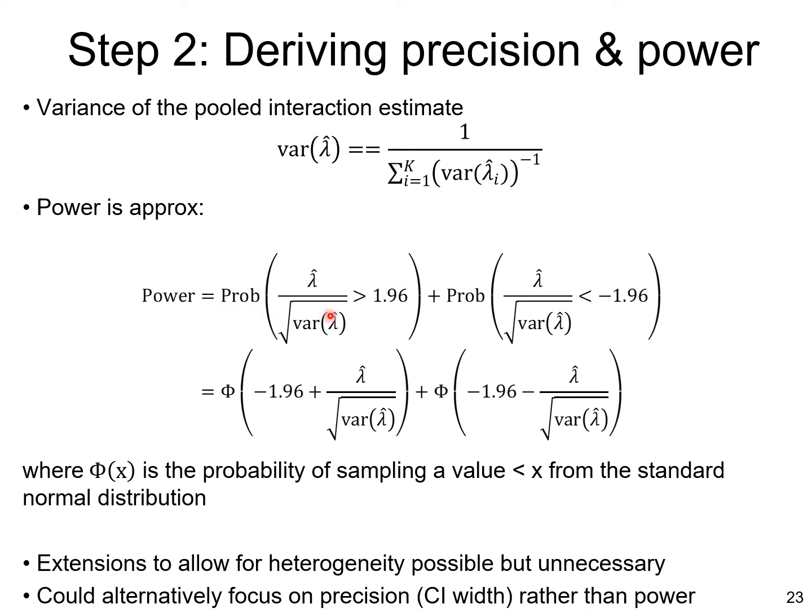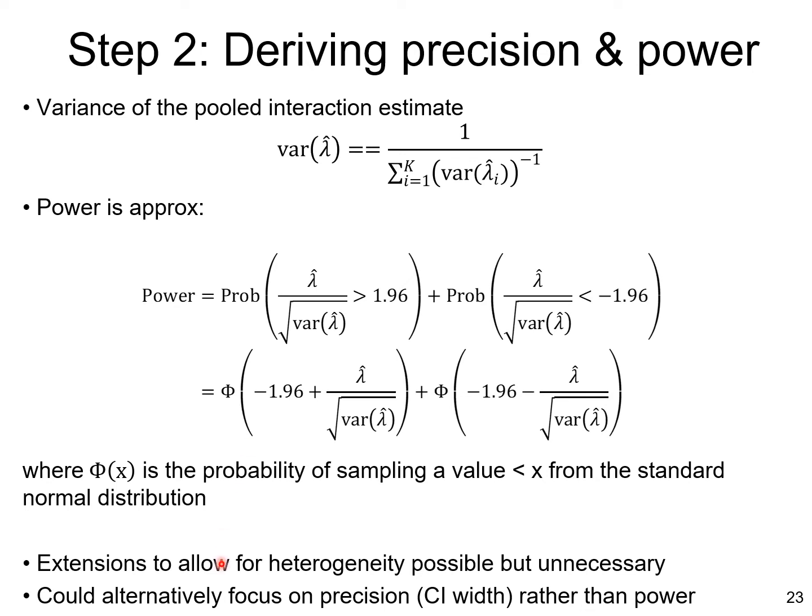So plugging in these values to get the variance of the interaction estimate from the meta-analysis results, we then plug the variance of the meta-analysis results into our power calculation. Again, remember we need to assume a particular true value of the interaction, and it will give us the power.